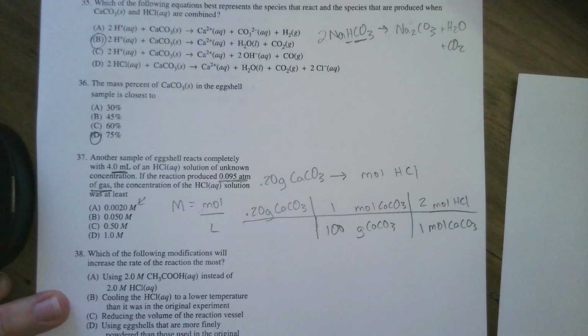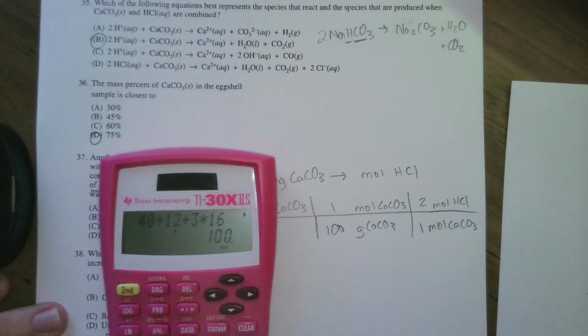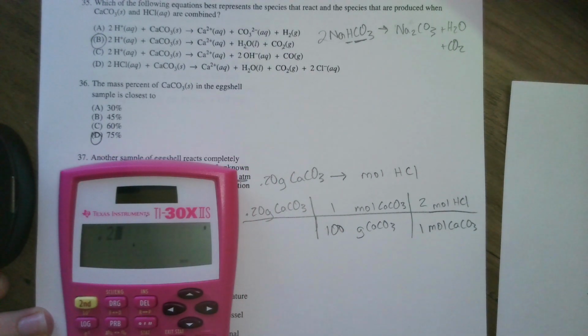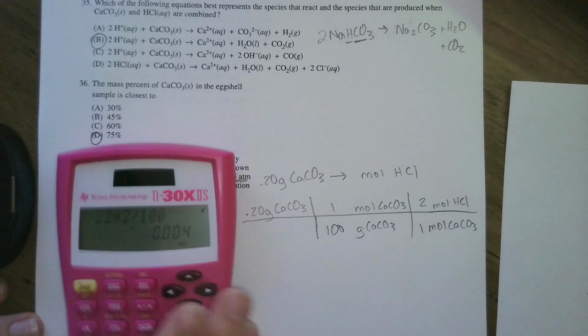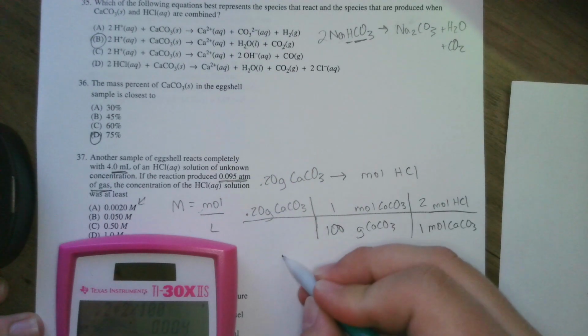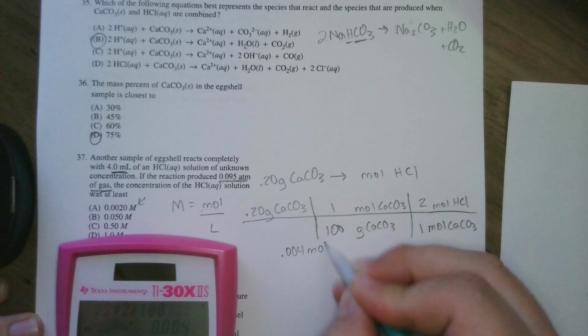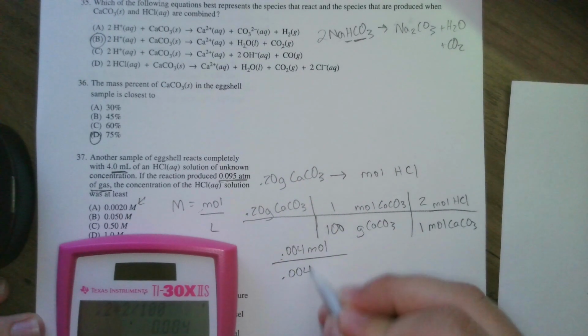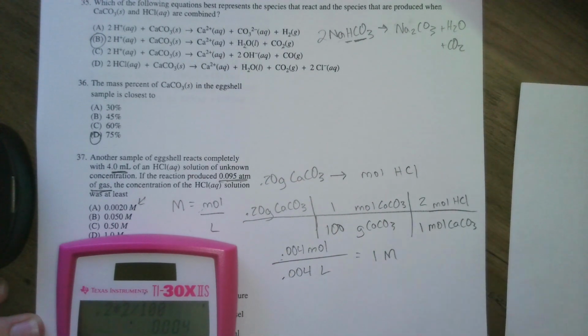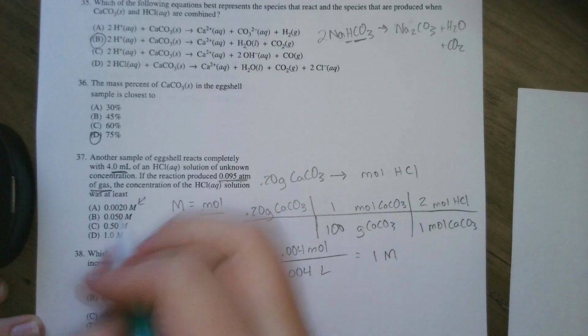So that's kind of a way they could expect you to figure it out. So then I have 0.2 times 2 divided by 100 equals 0.004 moles. Divide by 4 milliliters, which is 0.004 liters. I have a 1 molar solution. Answer choice D.